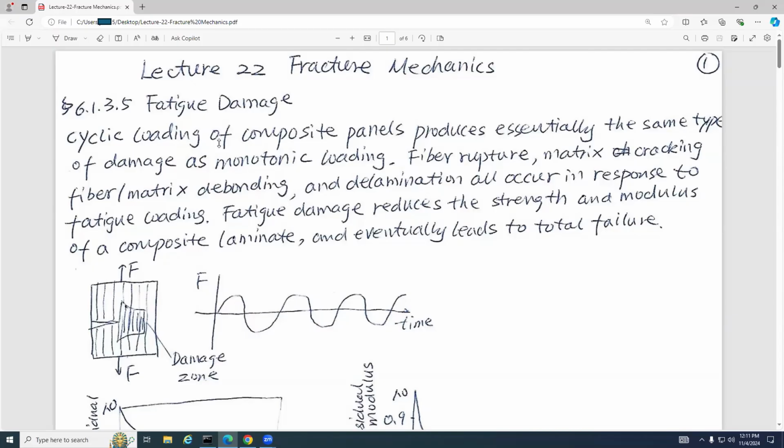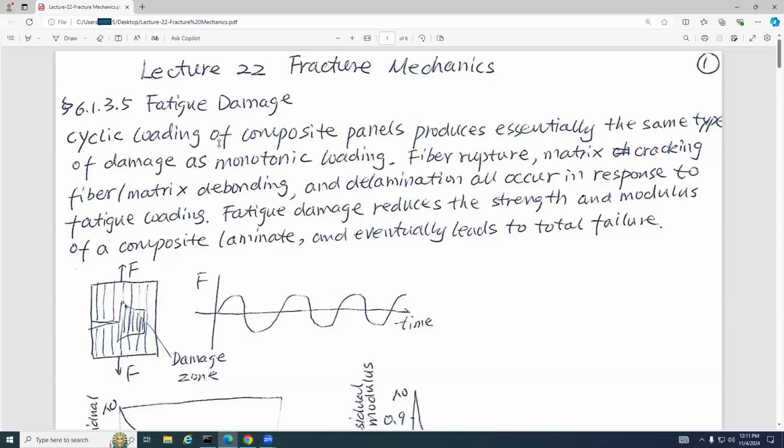So for these composites, we will have the fiber rupture, the reinforcing fibers. I'm talking about reinforcing fibers, fiber ruptures, fiber breaks. Matrix cracking, the matrix is the major material, and fiber and matrix debonding.